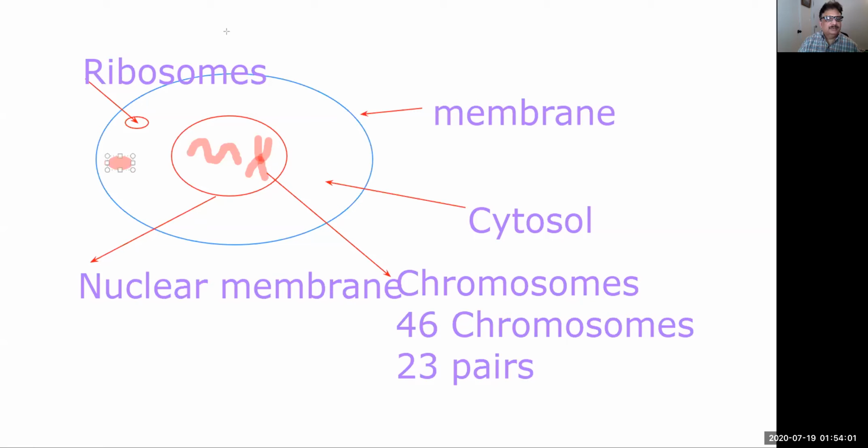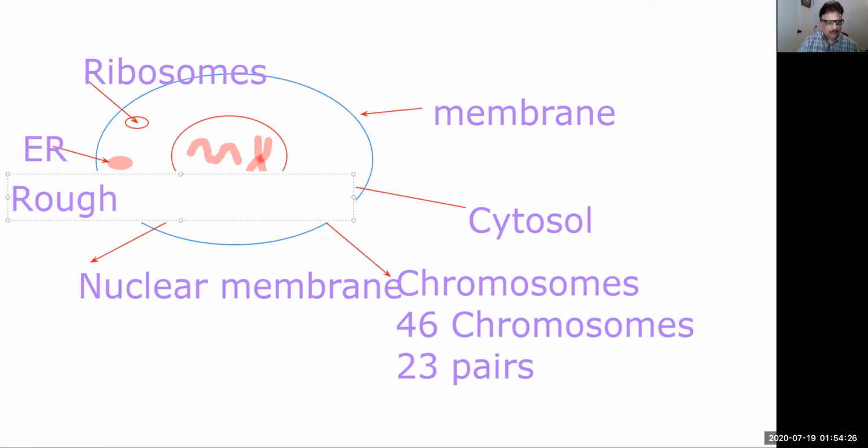The second organelle that is present is called ER. This ER can be of two types: rough ER and smooth ER.